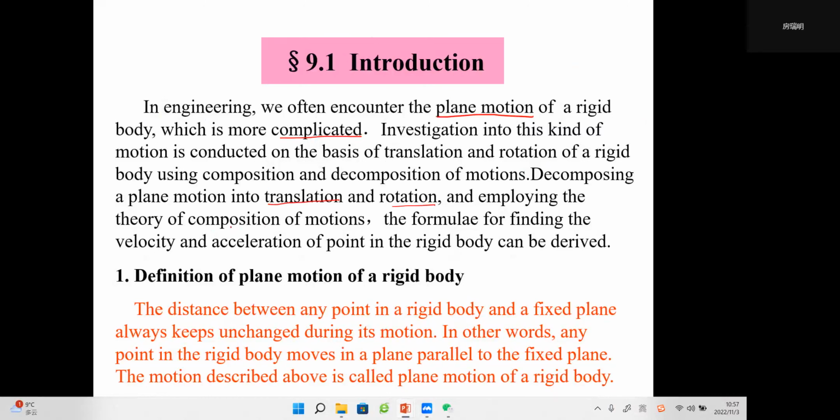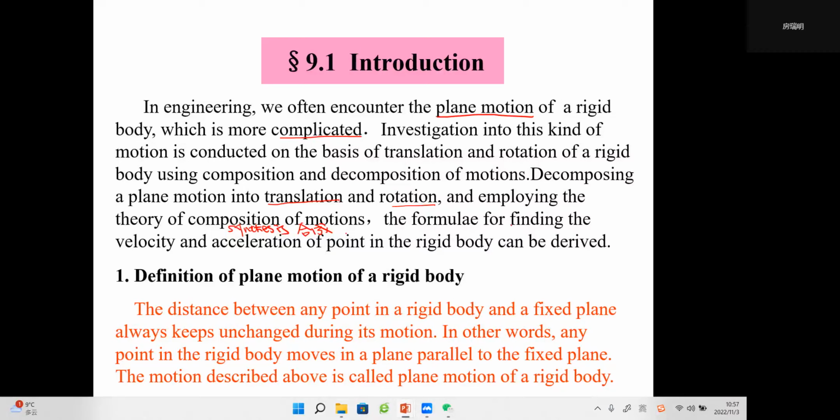Here means in Chinese 运动合成. So composition means synthesis. So we call that 合成. Motion means movement, 运动.